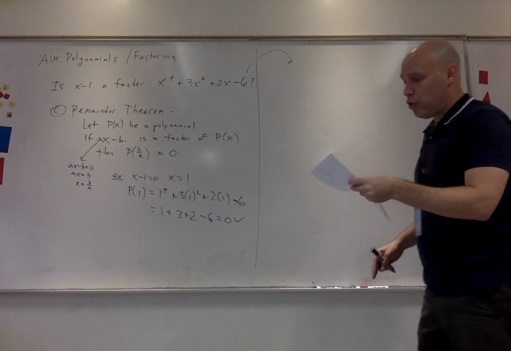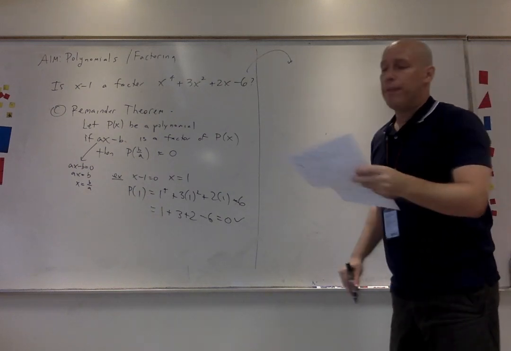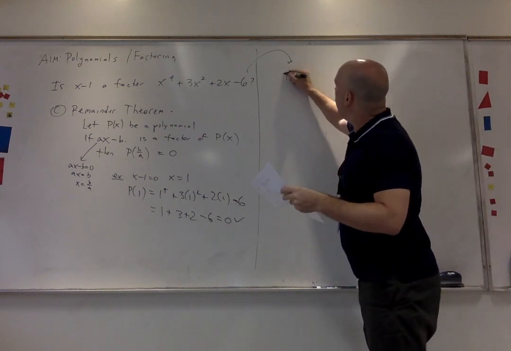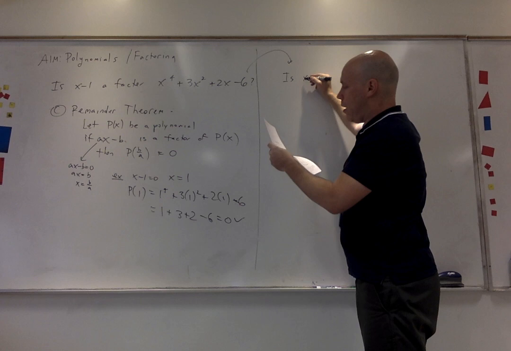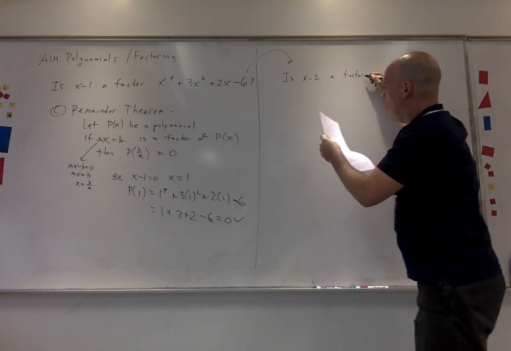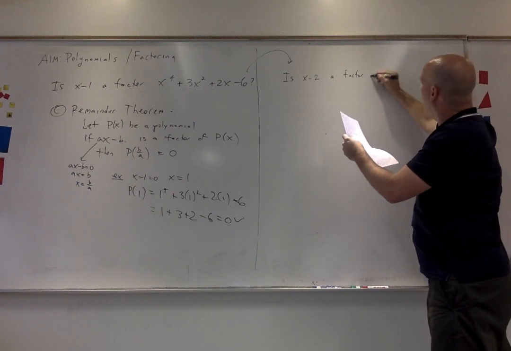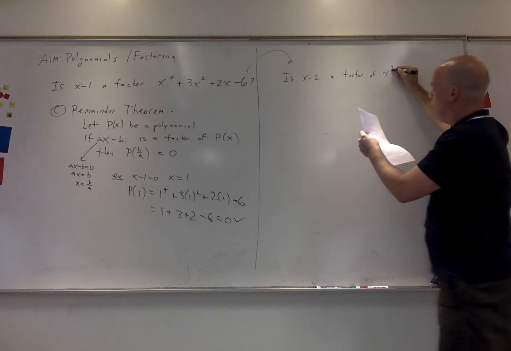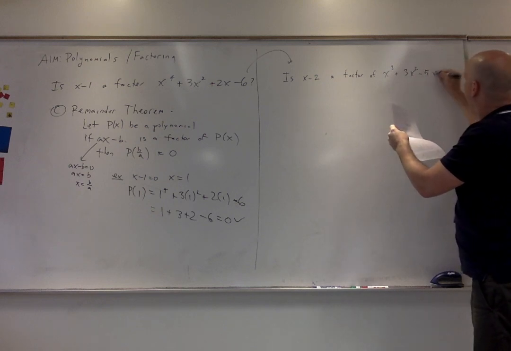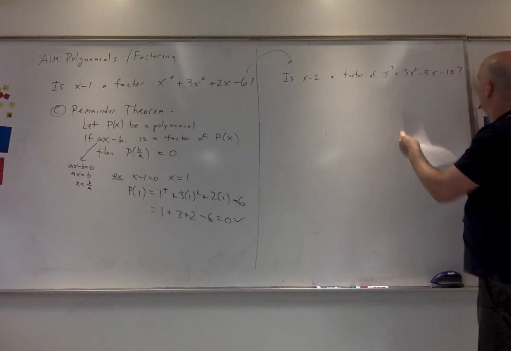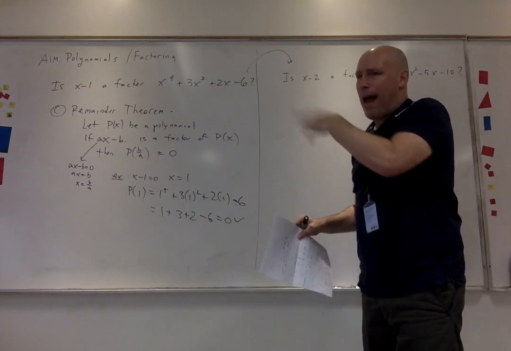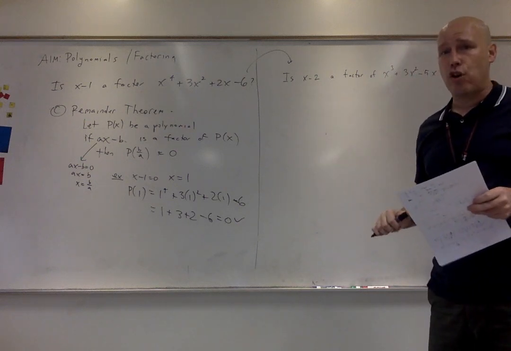Is x minus 2 a factor of x to the 3rd plus 3x squared minus 5x minus 10? Well, I don't want to do long division. I don't want to do that whole back and forth. I just want to know if it's a factor.